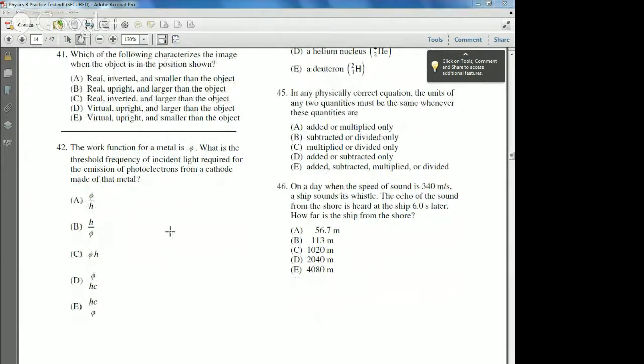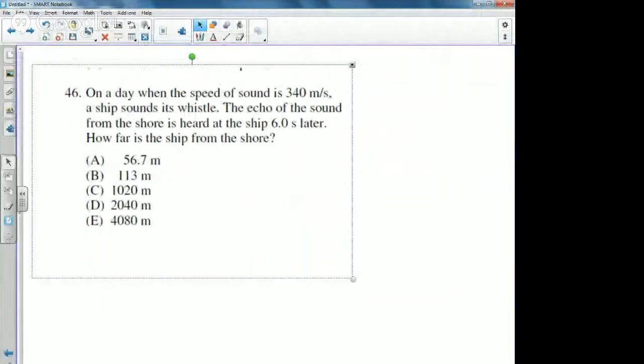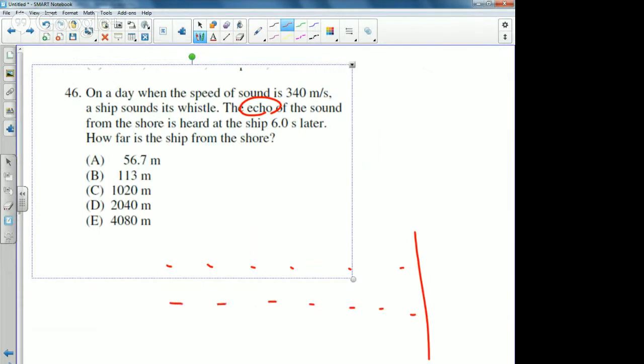46 is a trick question. It's actually a common trick question. The keyword here is echo. That means the sound was given off, so it traveled, then bounced and traveled back. Meaning, the actual distance away is based on a time of 0.3 seconds.